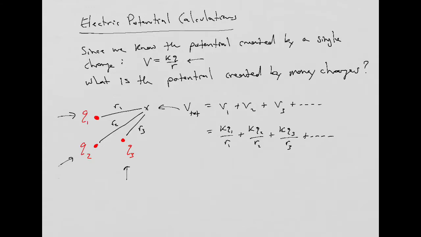The only other type of calculation that we have is, what if we had a continuous charge distribution? Okay. What we do there is going to be almost exactly the same as when we had continuous charge distributions with electric fields.